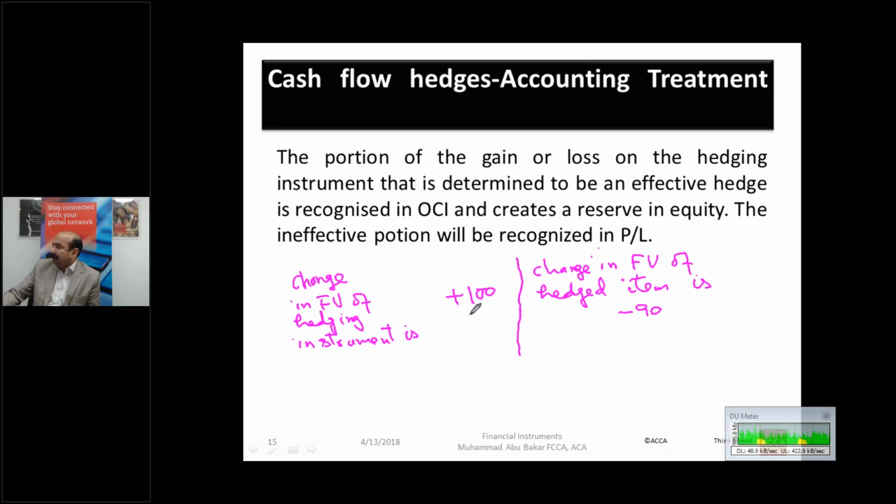Because this is being used to protect yourself from the losses. So this gain has got two portions. One is the effective portion, and the other is the ineffective portion.